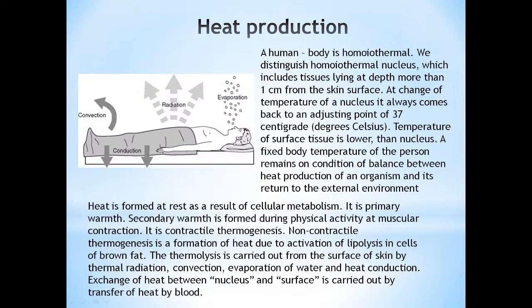Thermolysis is carried out from the surface of the skin by thermal radiation, convection, evaporation of water, and heat conduction. Exchange of heat between the nucleus and surface is carried out by transfer of heat by blood.